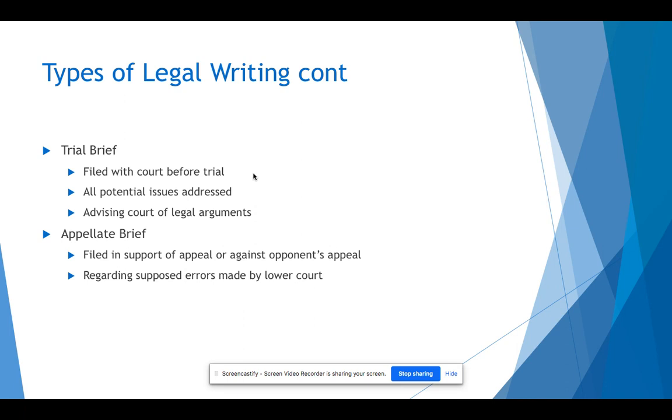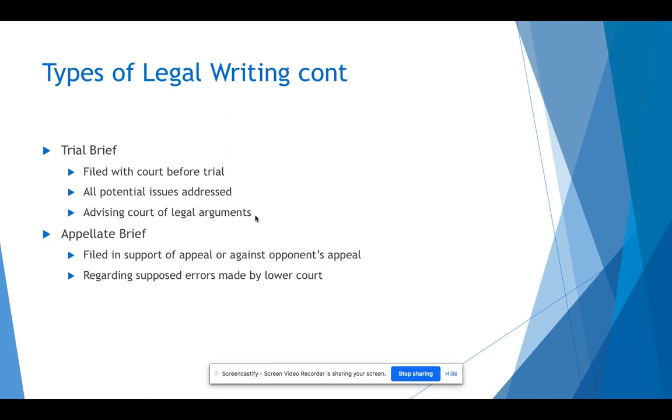It will have all of the witnesses that you expect to call at trial, all of the evidence and documents you intend to produce at trial, and also memos about any anticipated legal arguments that are going to be raised at trial. So it's a big, long document, very, very time-consuming.